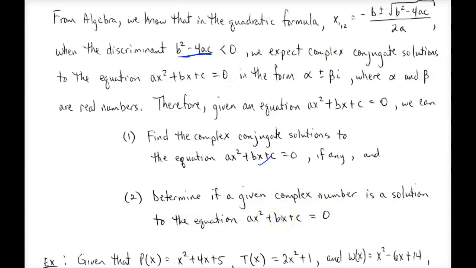So now that we kind of know what the solutions to a quadratic equation would look like, again, we want to be able to either go through the process of finding complex conjugate solutions, basically solving this equation, and not really caring if the discriminant under the radical is negative or not, because now we know how to deal with it, okay? Or we want to be able to evaluate an expression to see if the given complex number is a solution to the equation.